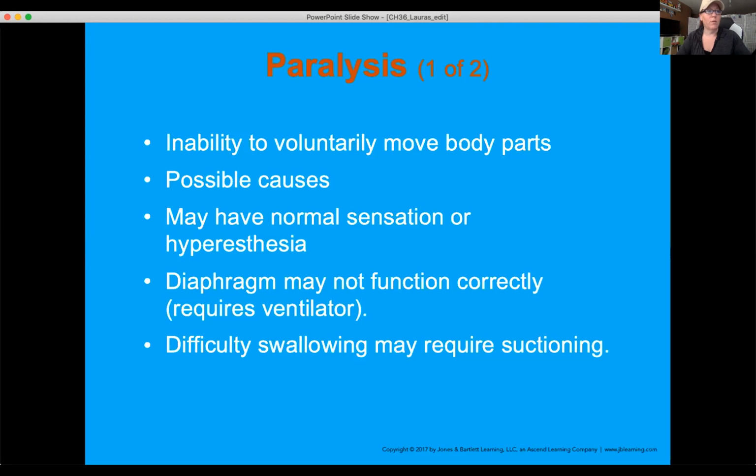The diaphragm doesn't move on its own. They might have urinary catheters or colostomies or G tubes, depending on how the paralysis has affected their body. And then they might have no sensation where they're paralyzed, or hypersensation. It just depends on what's going on.